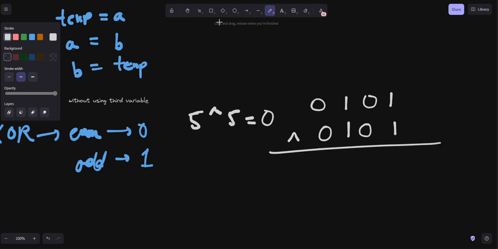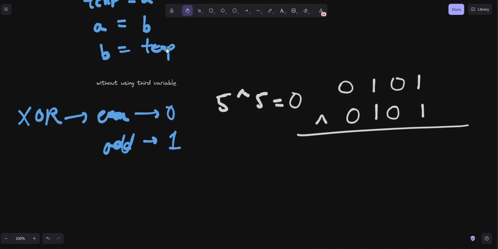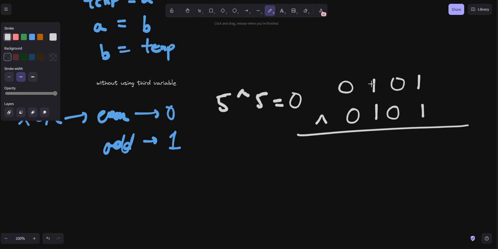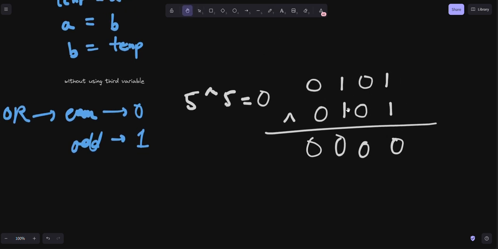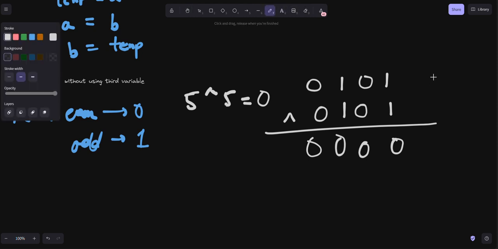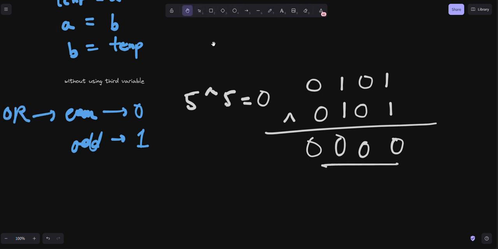You can see right here that if the number of ones is even, it will give you 0. So what have you observed here? If the numbers are the same, there will be the same number of ones, so even counts will be there, and your output will always be 0, right?